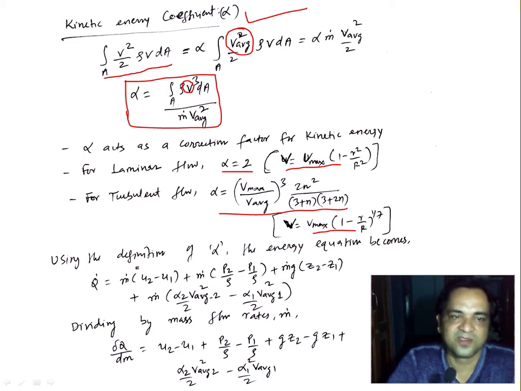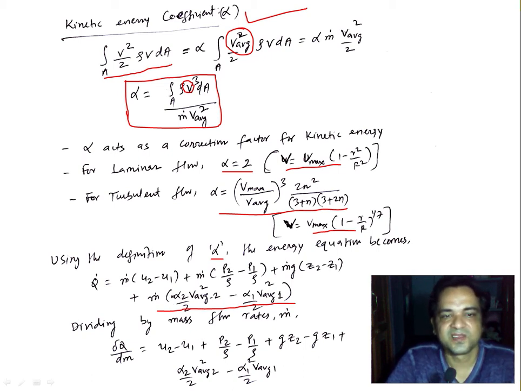Now, using the definition of alpha, the energy equation becomes, so the integrals are removed from the equation, q dot equal to, with these values put in for the kinetic energy. This is in terms of rate basis, where q dot is the heat transfer rate. Sometimes we are interested in finding it on a per unit mass basis, so we can divide the whole equation by m dot.